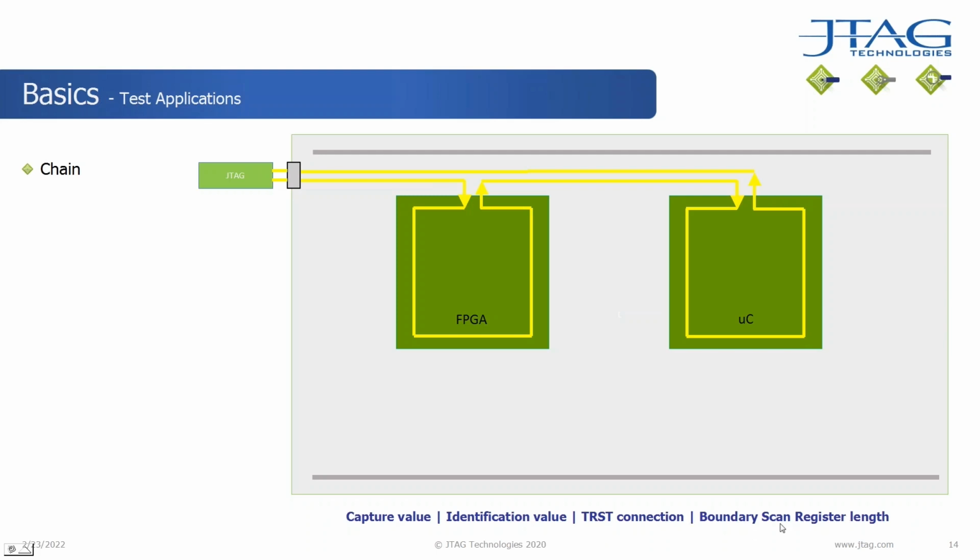Optionally, you can also check that the boundary scan register length, the number of bits in the boundary scan shift register, are the same as defined in the BSDL model. Now, I should have mentioned that earlier, that the boundary scan register is in fact a shift register. And so it works on a serial in. You shift a pattern in serially, and then you latch it out parallel. But that will become apparent, I think.